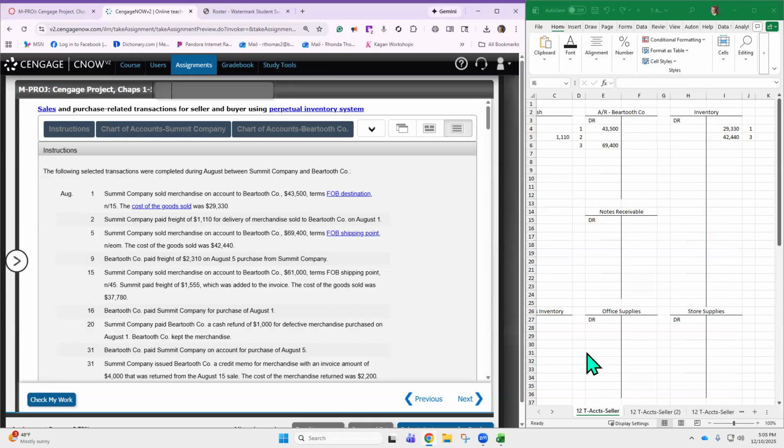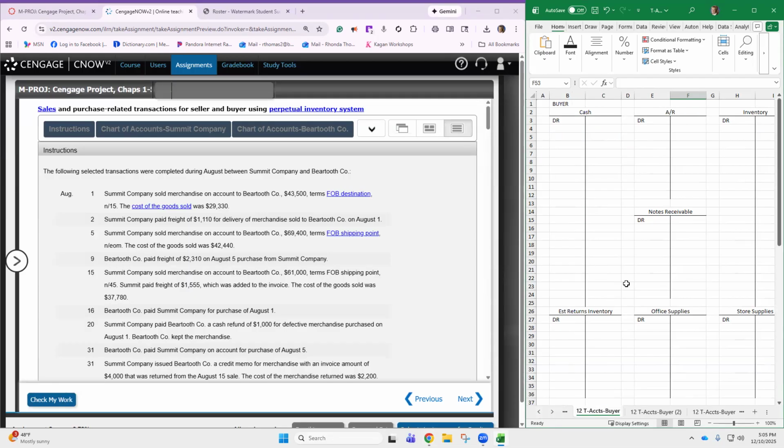So you're going to have to go over to the buyer's T accounts. I've got 4 of those because they pretty much match. So make sure you're looking at buyer when you see Beartooth, as that's the one with the transaction.